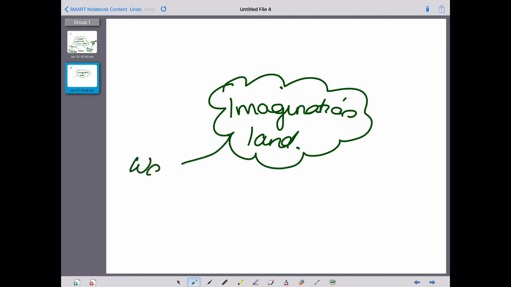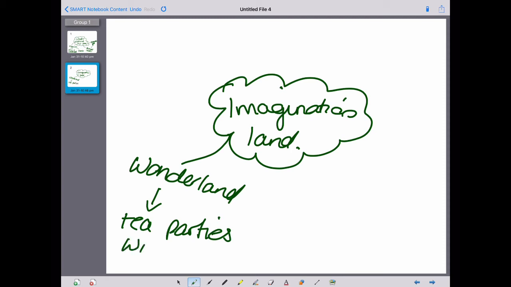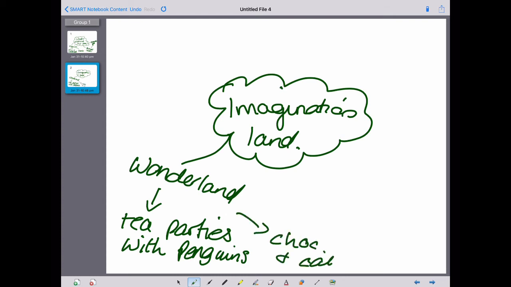So that could take me to some sort of wonderland where it's like the best place ever and you get to have chocolate all the time and cakes and stuff like that, and tea parties with like penguins and stuff. So it could be very random. A bit like Alice in Wonderland.